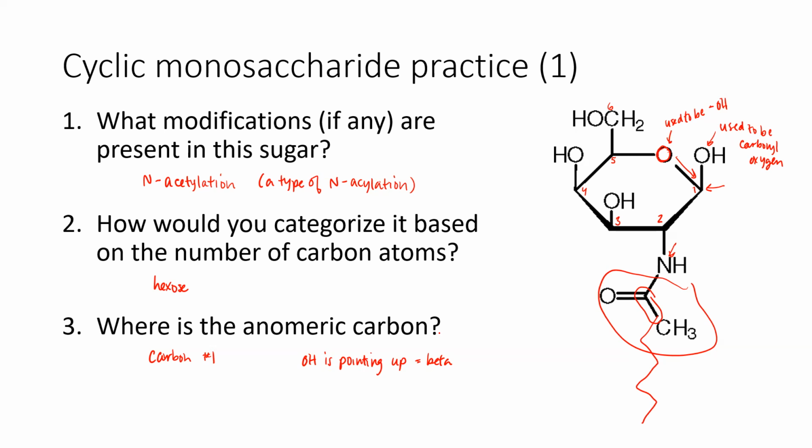Does anyone have any questions so far about this? I have a quick question. Can you explain one more time the specific difference between acylation, alkylation versus acetylation? Sure. Alkyl usually refers to just hydrocarbons, so adding methyl or ethyl or anything that is just carbons and hydrogens.